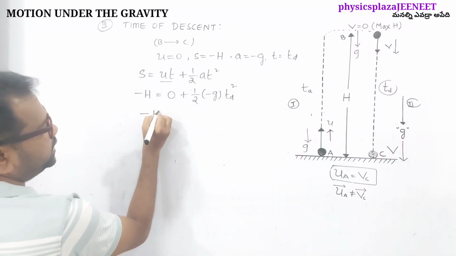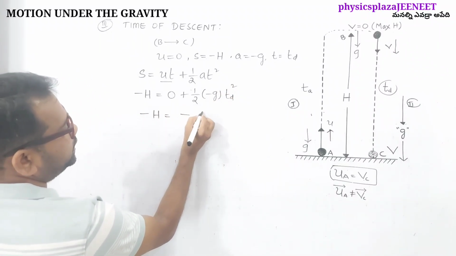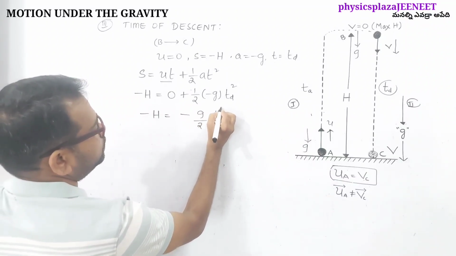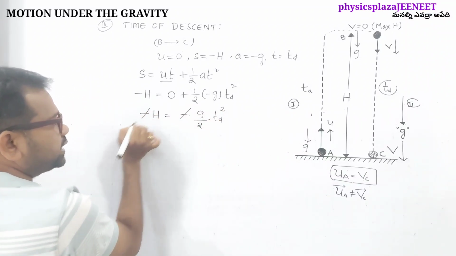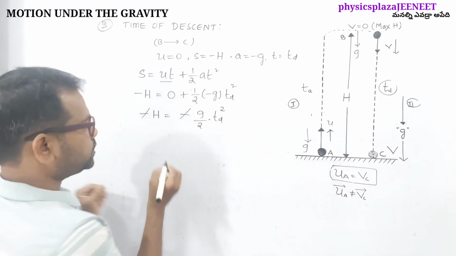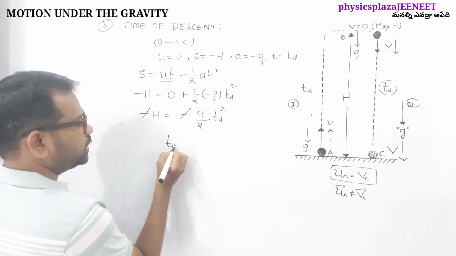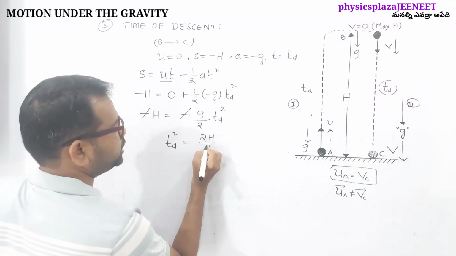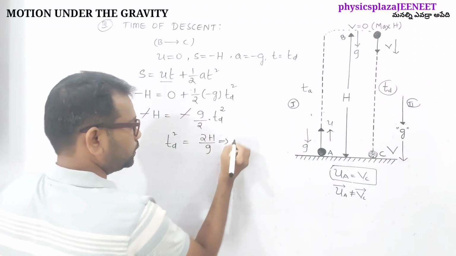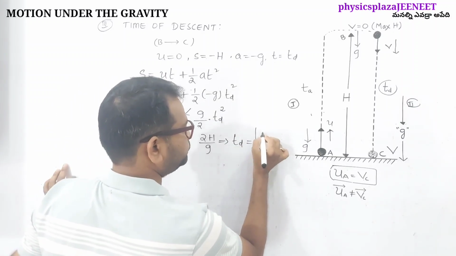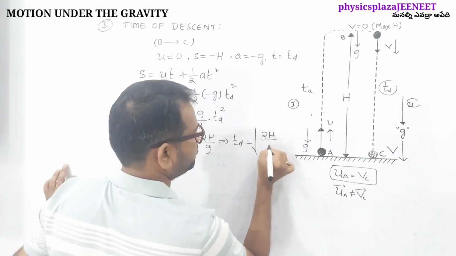So minus h is equal to minus g by 2 into td whole square. Minus minus gets cancelled. Now let us make time of descent the subject. This expression can be written as td square is equal to 2h by g. So from this, time of descent is equal to square root of 2h by g.